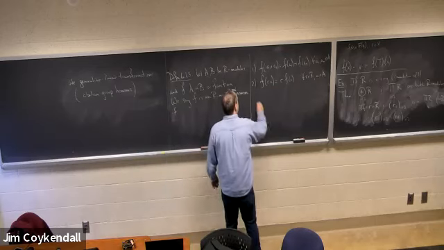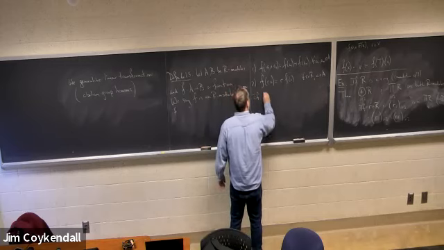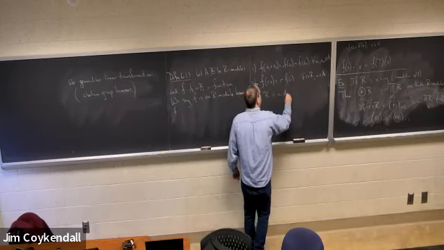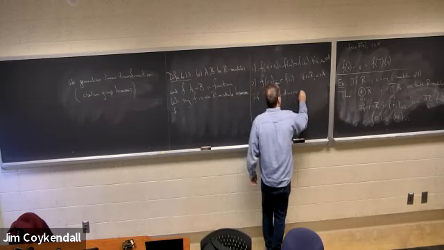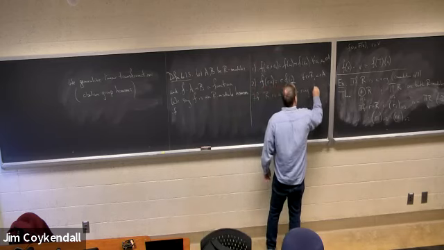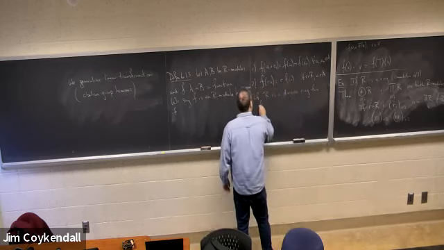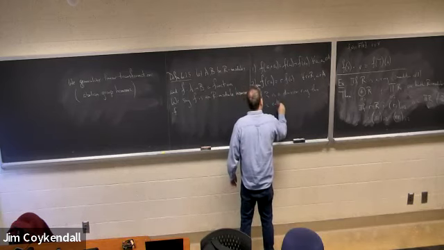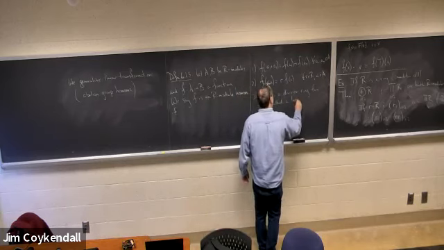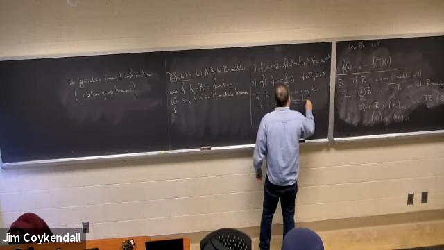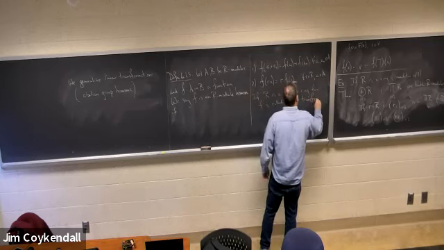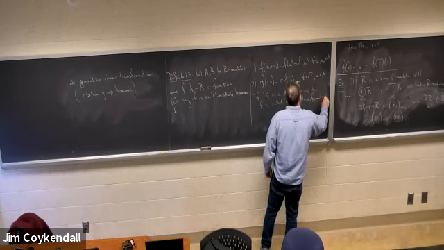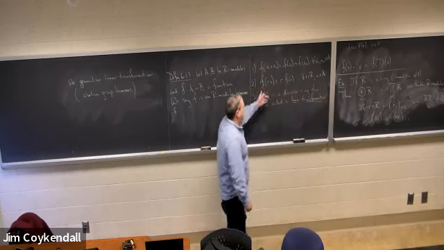Let me make a note. If R is a division ring, then f is called a linear transformation. And if you look back in your old linear algebra text, this is exactly what you need.